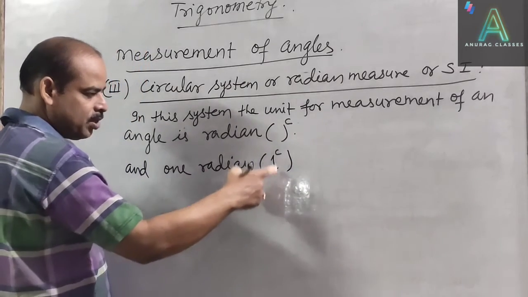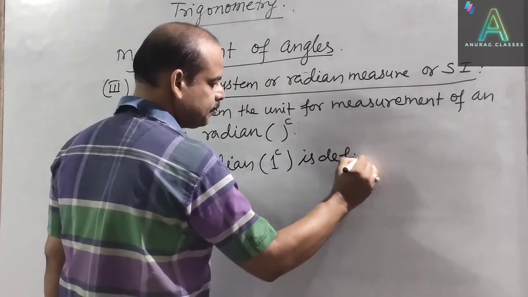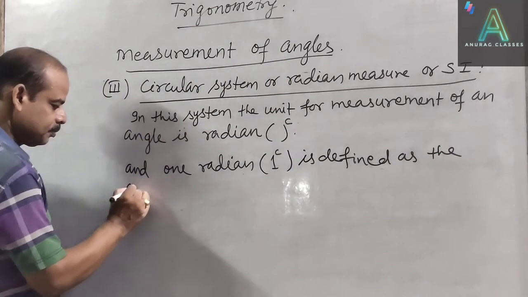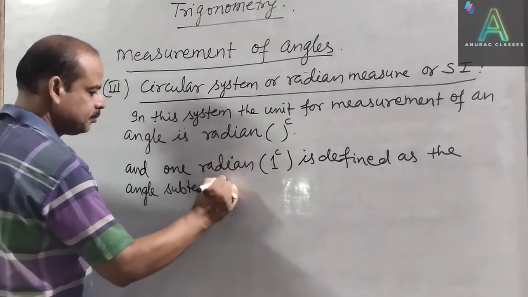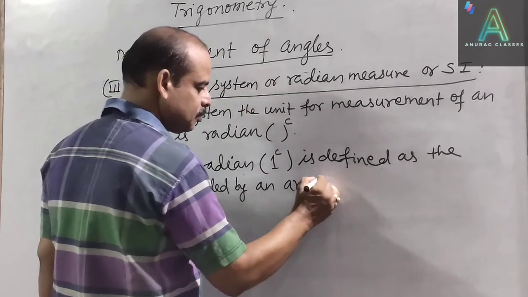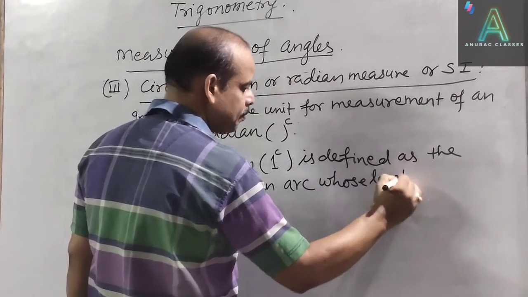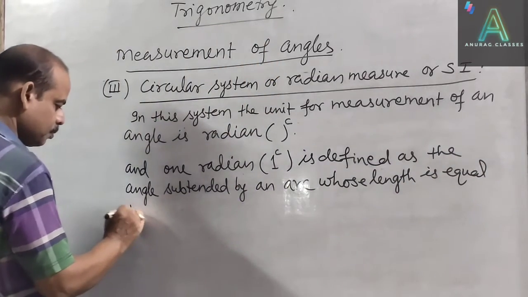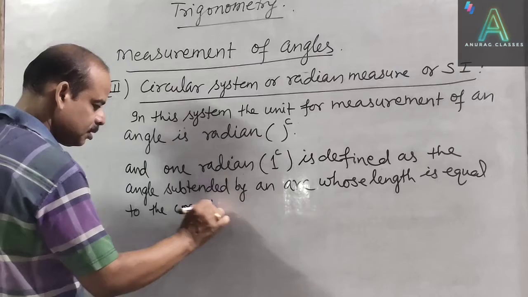We write 1 radian as 1 to the power C. 1 radian is defined as the angle subtended by an arc whose length is equal to the corresponding radius.